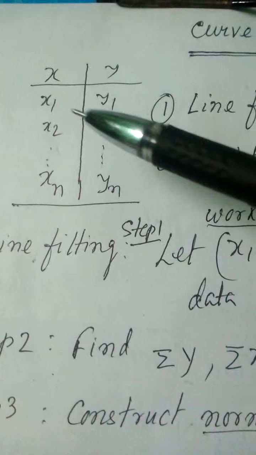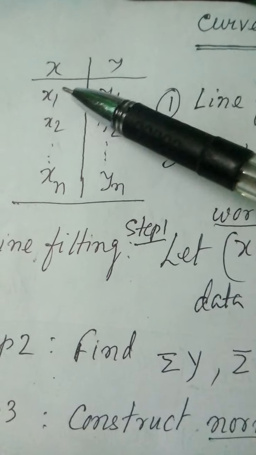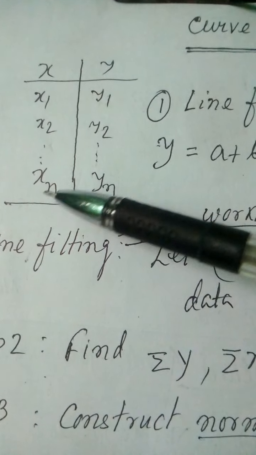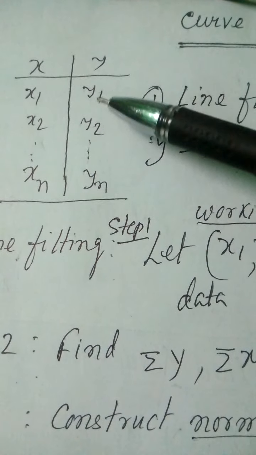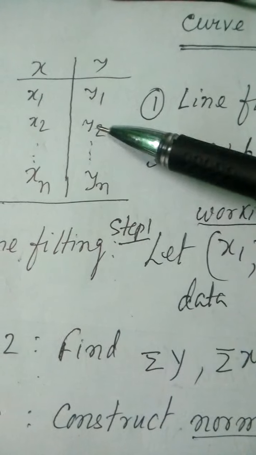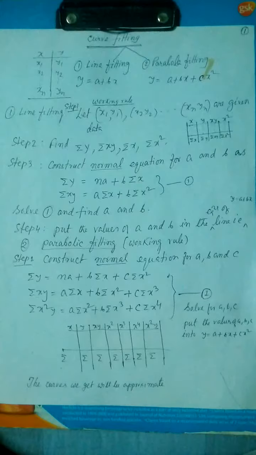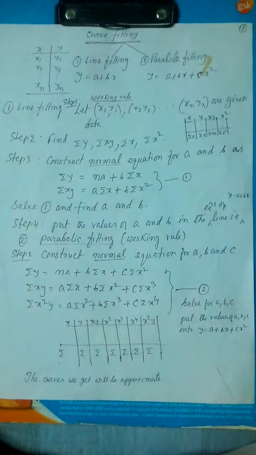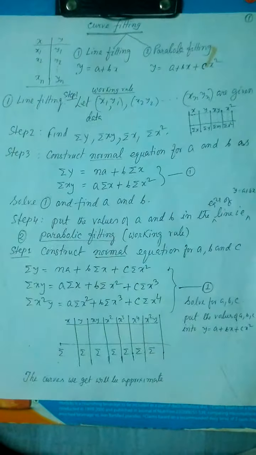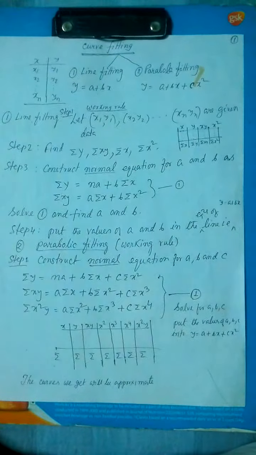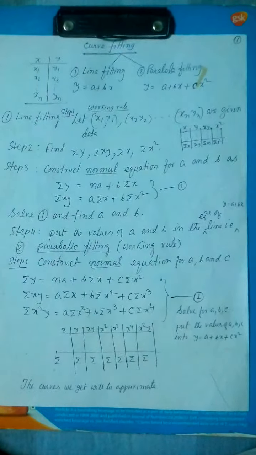Now here the data will be given. These are x: x1, x2, x3 up to xn. Here y: y1, y2, up to yn.